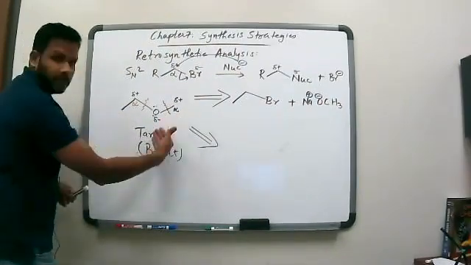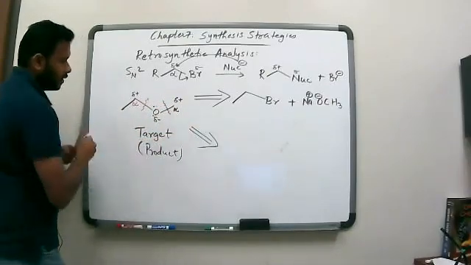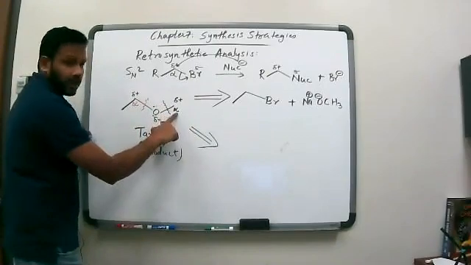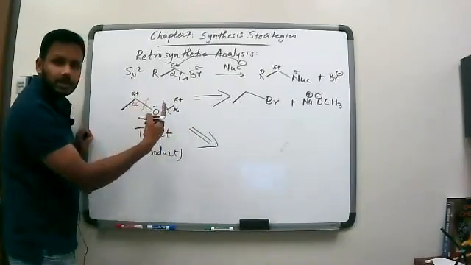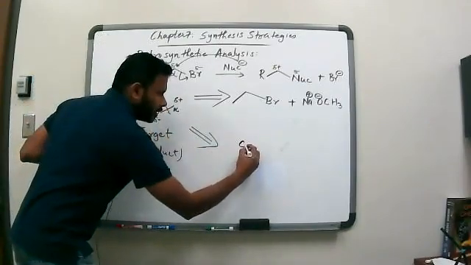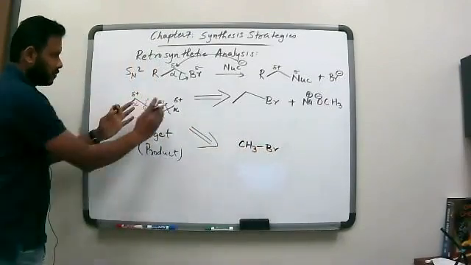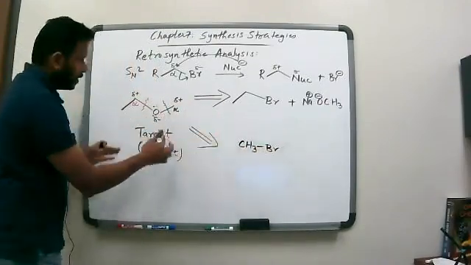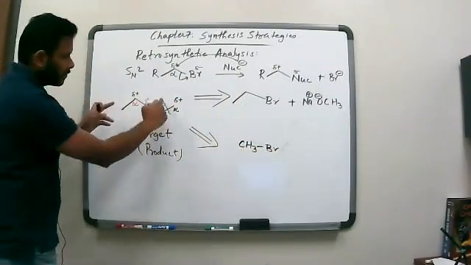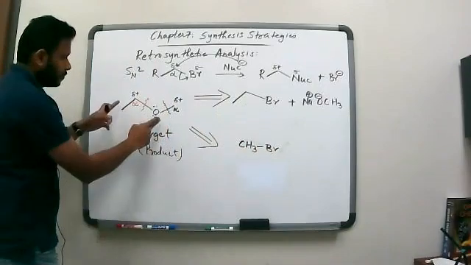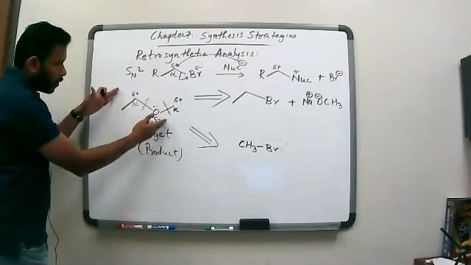The other possibility, dissecting it on the other side, would mean that this alpha carbon should be connected to a halogen. Now, this alpha carbon is just a methyl group, so we have CH3 with a Br. And if that's your alkyl halide, then all of this to the left of that dissection must have come from our nucleophile.